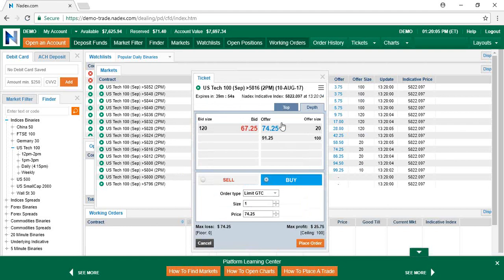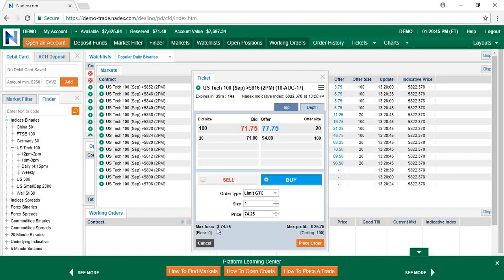So if I bought this one at that time for about 75 bucks, how much could I make if I'm right? $25, right? Everybody agree? If I'm going to buy it for about 75, it expires worth about 100, I can make about 25 bucks. But is it necessarily a good risk to reward to risk 75 to only make 25? No, not really, right?